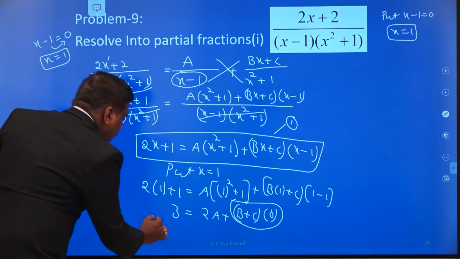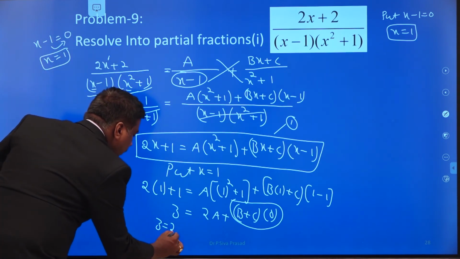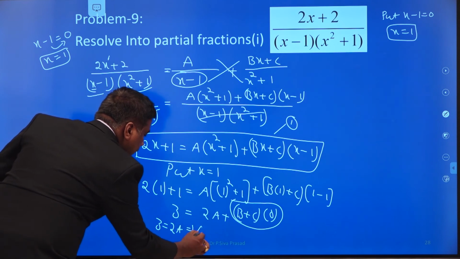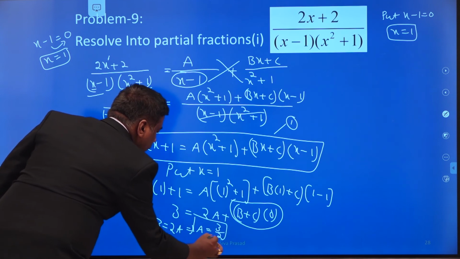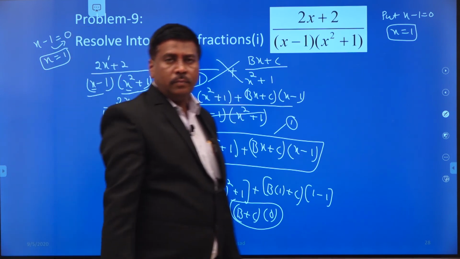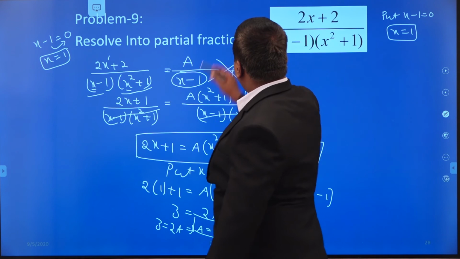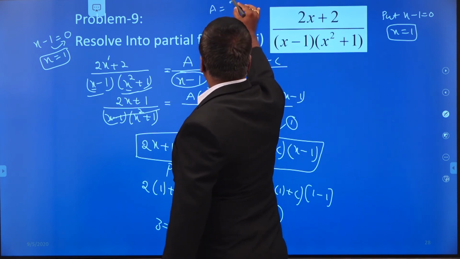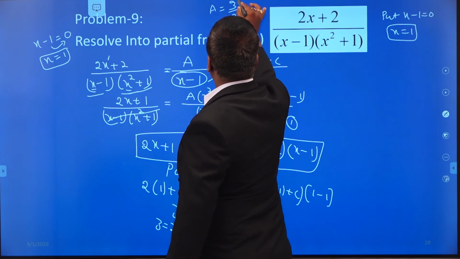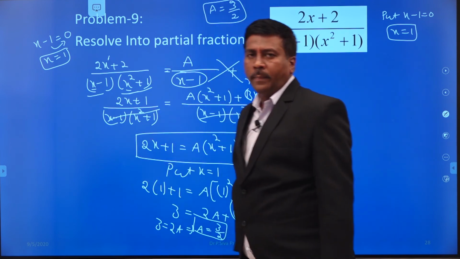Then 3 equals 2A, which implies A equals 3 by 2. The value we get is A equal to 3 by 2.